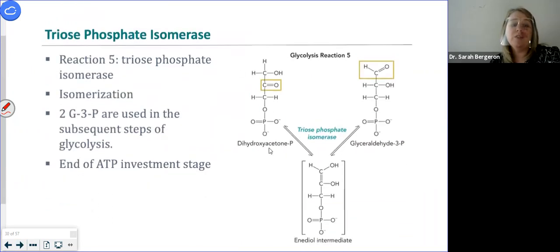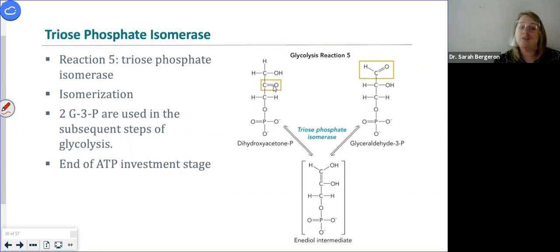So we're going to convert our dihydroxyacetone into glyceraldehyde 3-phosphate using an enediol intermediate. So we're going to use an isomerase, right? We're not actually going to change the molecular formula. We're going to change the structure. So we want to get glyceraldehyde 3-phosphate. So what do we have to do?